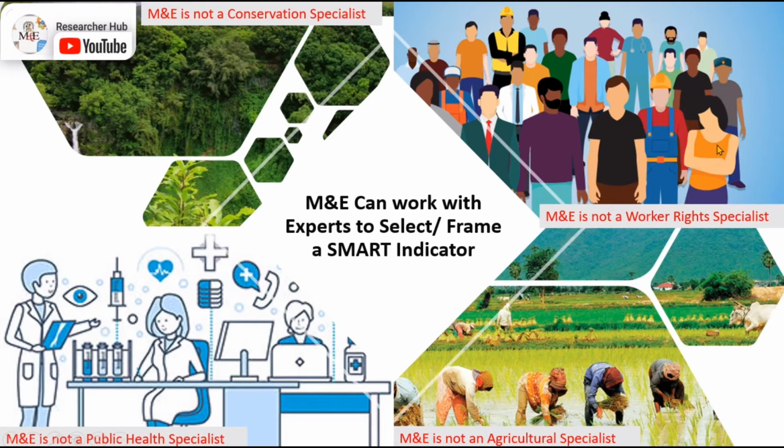So what is your role as M&A? What we can do, we only can work with those experts to select or frame a smart indicator. So we are specialists here, right? As M&A officer, M&A manager, or M&A specialist, we are good at selecting, framing a smart indicator.